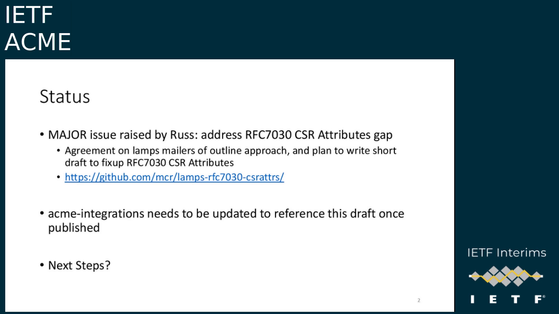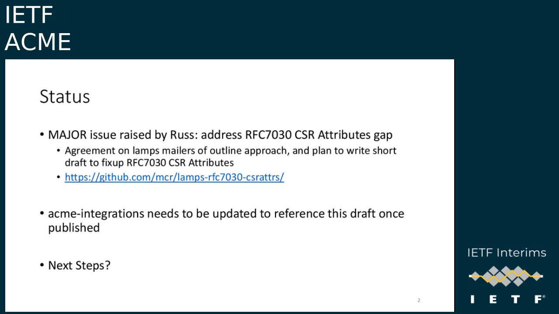The updated version of ACME integrations hasn't been pushed out yet because we haven't published the CSR attribute handling draft yet, but that will be done in the next few weeks. So that is the only update on ACME integrations. Any questions, comments? No, then I guess we can go on.